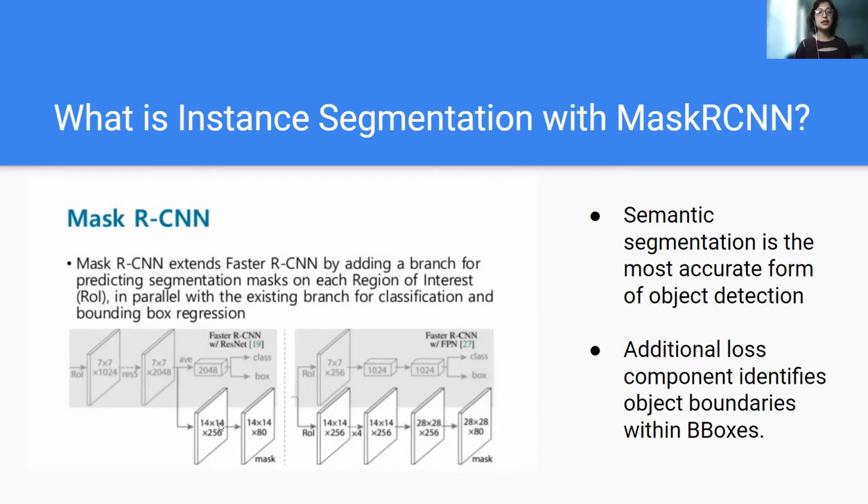MaskRCNN is just an extension to the two-shot object detector, which is Faster RCNN. Essentially it is just adding another branch to Faster RCNN. Faster RCNN delivers bounding boxes around objects. What this does is start from the bounding boxes.